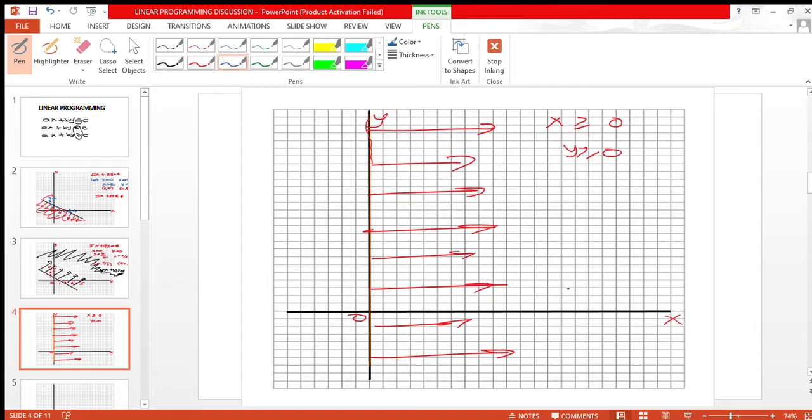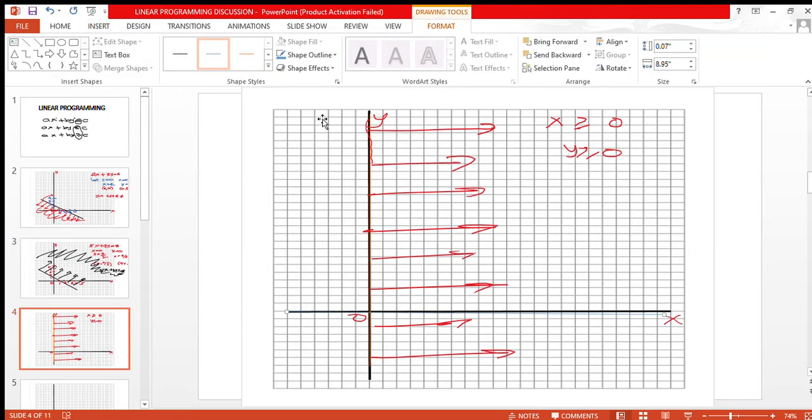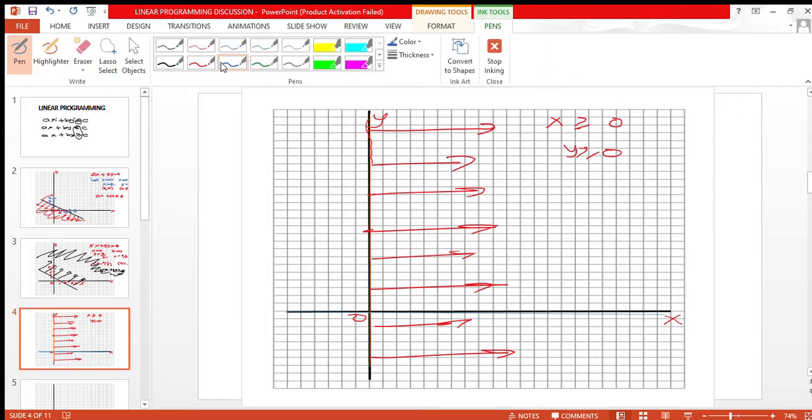On the other hand, for y greater or equal to 0, y equals 0 actually will be represented by the x-axis, okay, and then greater or equal.